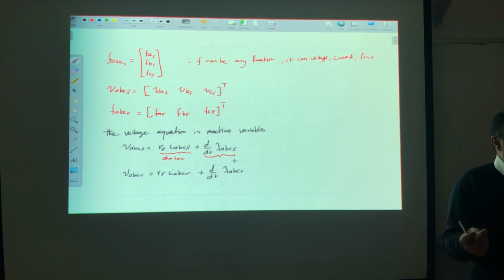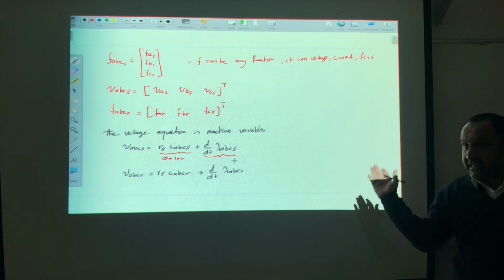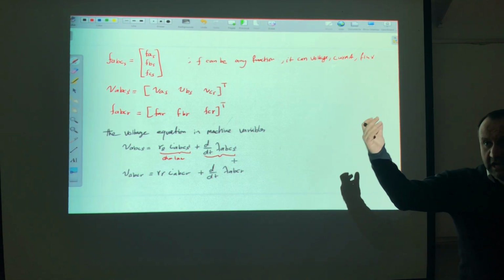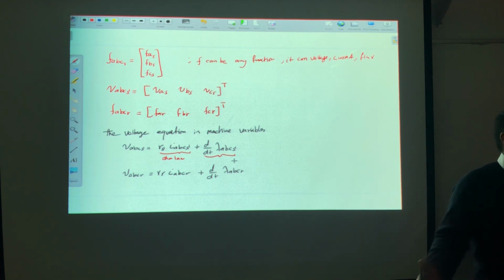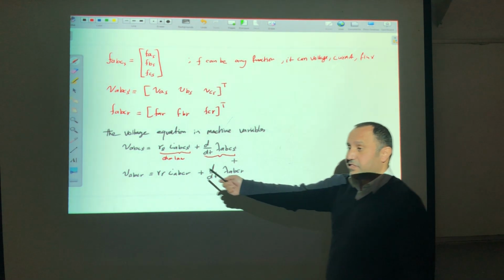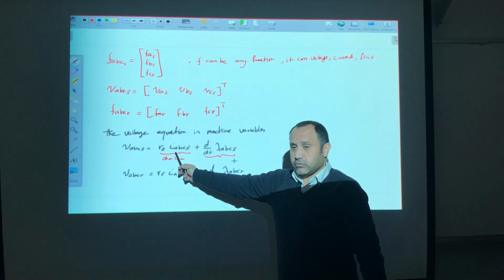Now if the inductance is constant, I can take it out from the differentiation. So in this case, I will get V_L equal to L di/dt. But if this is the case, then where is the developed power? In the end of the day, if I multiply this one by the current, here I will get the ohmic losses.